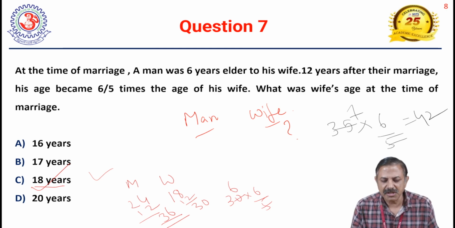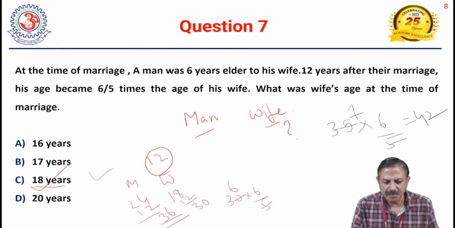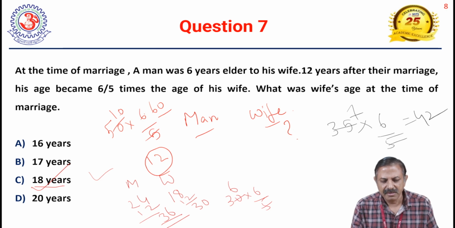After 12 years of marriage, this man became 6 by 5 times the age of the wife. Suppose the wife is 50, he'll become 6 by 5 into 50, that is 60 years. Like this way, calculate. Now let us see what was the wife's age at the time of marriage.